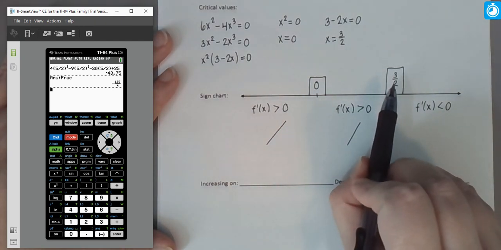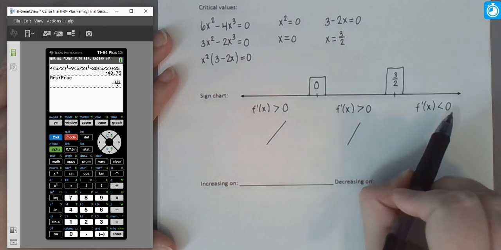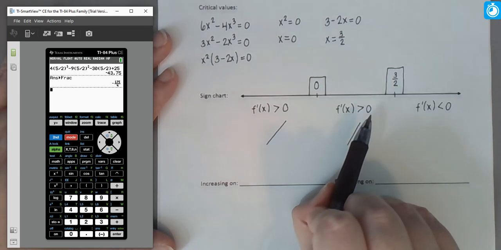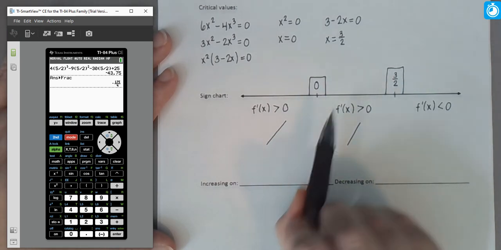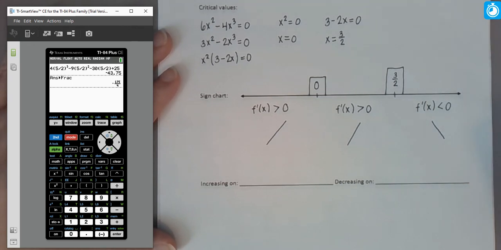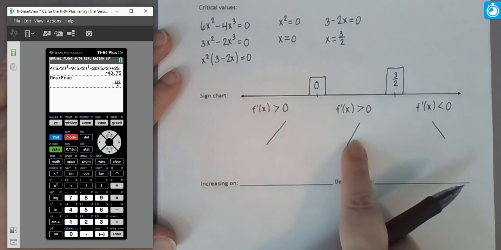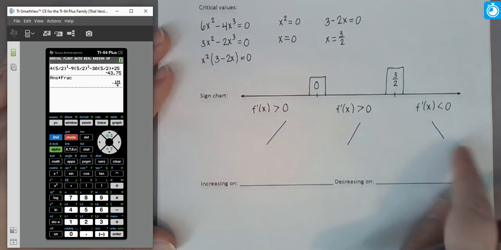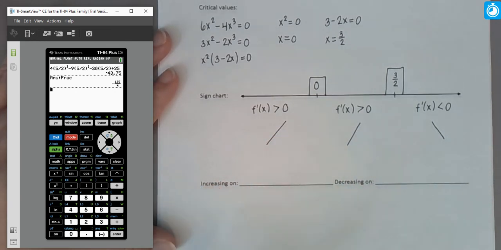Now, once we get to 3/2, suddenly our derivative is negative once we cross over that. So we go from increasing to the left of 3/2 to decreasing to the right of 3/2. So this will tell us where we're increasing and where we're decreasing. So let's focus on those intervals first, and then we'll talk about maximum and minimum values.